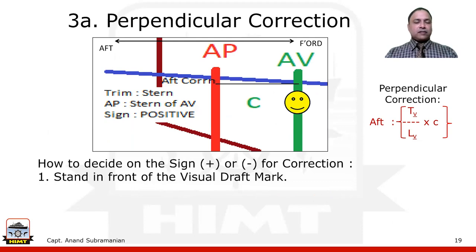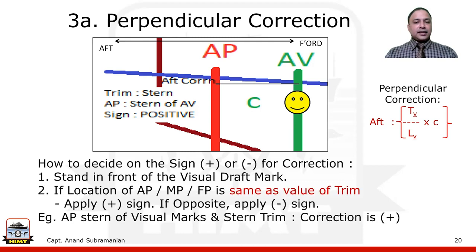Here the aft perpendicular is located towards the aft of the ship. The trim is also stern trim. That means both are of the same name, so the correction is plus in this case. This is how we apply the sign for the perpendicular corrections.